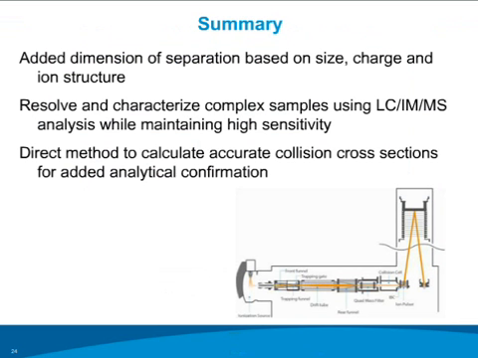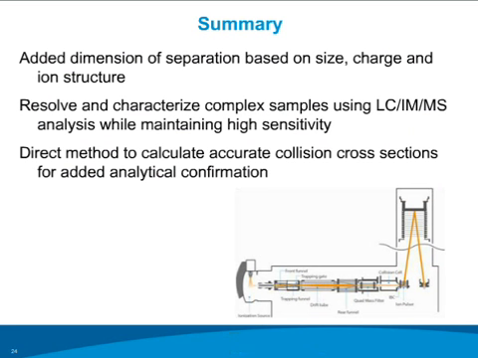And then finally, in summary, I think I've shown that the added dimension of separation brings a lot of power to mass spectrometry. It gives you the ability to look at not only m/z, but also at size, charge, and ion structure of your analytes.